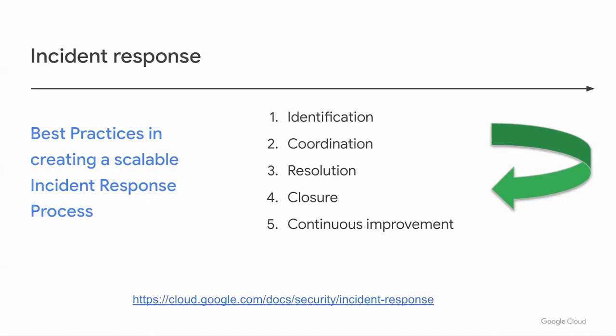And here it's all about capturing the lessons learned. And finally, we should not forget about continuous improvement, because if we haven't learned anything and improved our prevention, it's obviously a lost opportunity. And you can learn much more about our recommended and documented incident response process by following the link at the bottom of this slide.